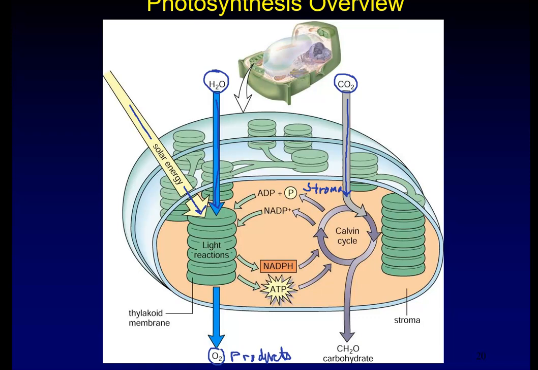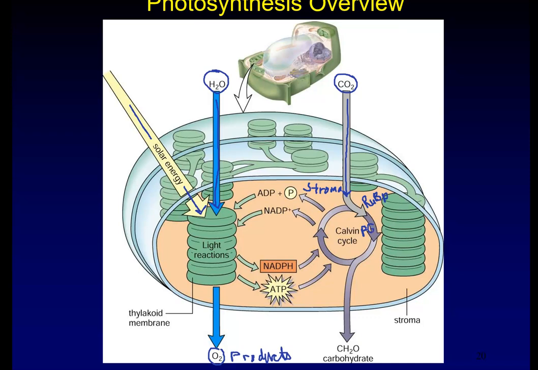We know that Rubisco helps speed the bonding of carbon dioxide to RuBP. This 6-carbon molecule now creates an unstable intermediate that we're going to call PGA.